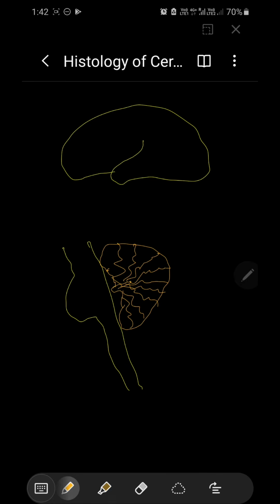The cerebellar cortex is called homotypic cortex. Homotypic cortex means it has 3 layers, and it has equal thickness throughout the surface of the cerebellum, and the cells are also homogeneously distributed.